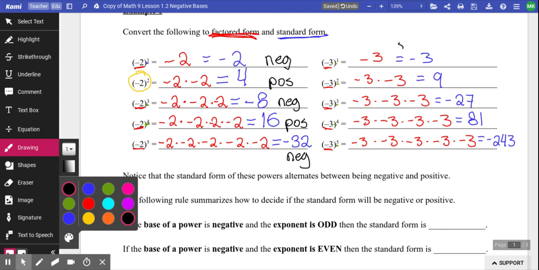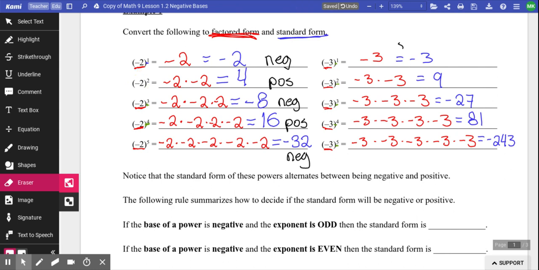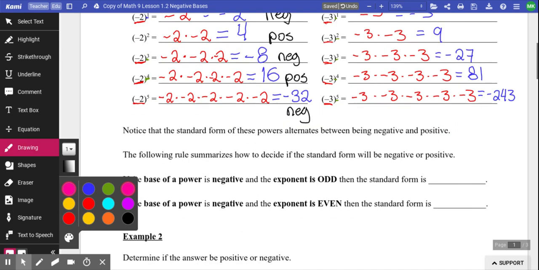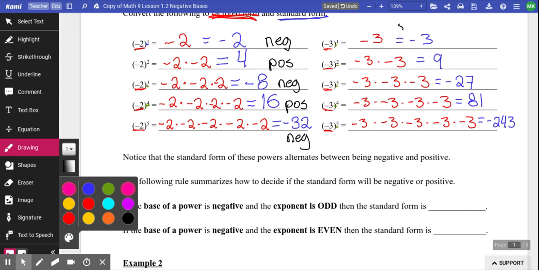Then we got -8, then we got +16, then we got -32, and it keeps switching. The other thing that keeps switching is whether your exponent is odd or even. So if we look, our exponent was odd. Then it was even. Then it was odd. Then it was even. And then it was odd.